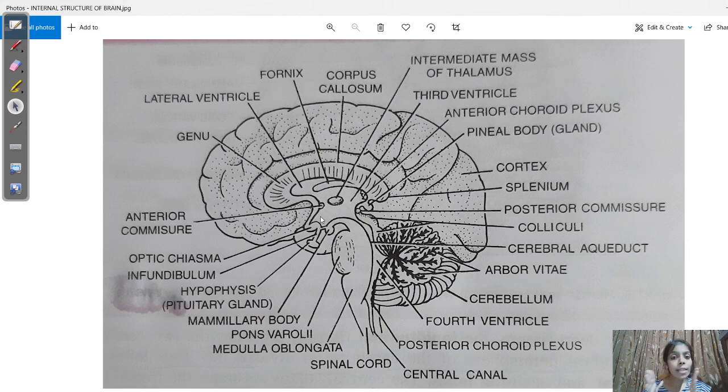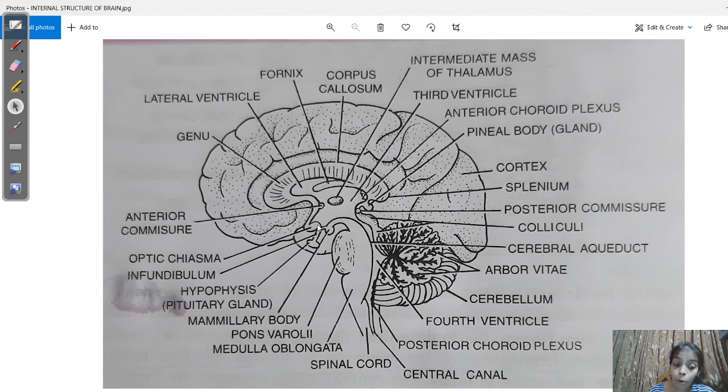Thalamus will send the impulse to the occipital lobe of the brain. Occipital lobe is concerned with vision. If we are having something as food, thalamus will send the impulse to the taste area. Just now I showed you. So thalamus basically acts as relay station.